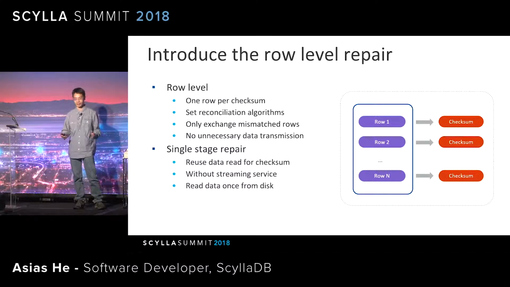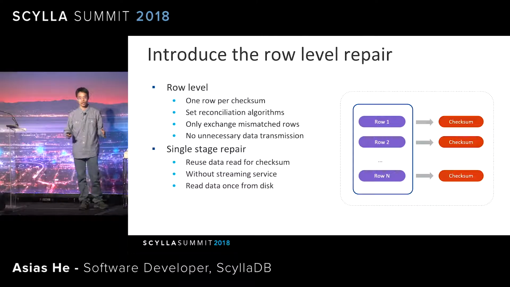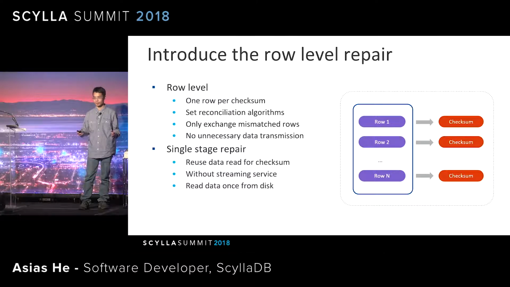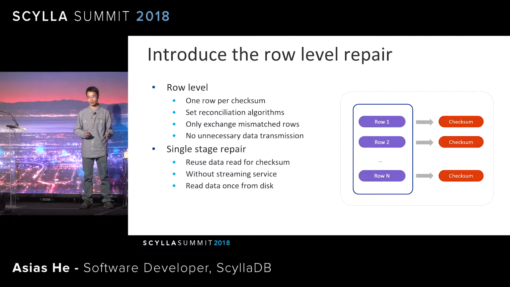So there is no unnecessary data transmission. Another thing to note is that now we have a single-stage repair. That means we will reuse the data read for the checksum and store it in a buffer. If there is any mismatch, we will reuse the data directly and send it to the nodes. So with this, we only have to read the data once.